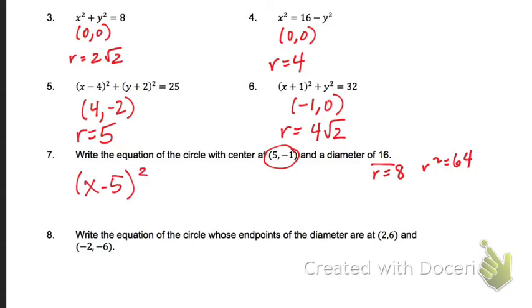The (x - h) squared plus (y - k) squared form will be given to you. So if it gives you the diameter, you have to go through the radius first, because the diameter is not a part of your equation.